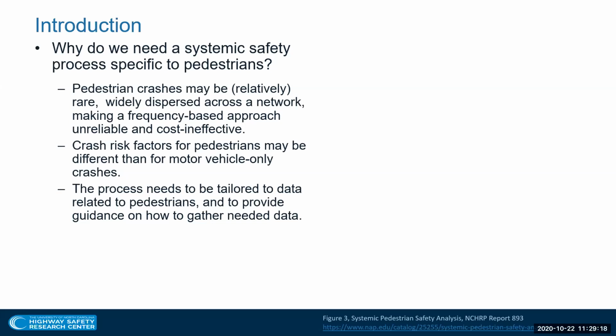In addition, the risk factors for pedestrians are very different, and the kind of exposure situation for pedestrians is very different than for motor vehicle only crashes. And the process needs to be tailored to recognize this. An example is probably the best way of explaining this.